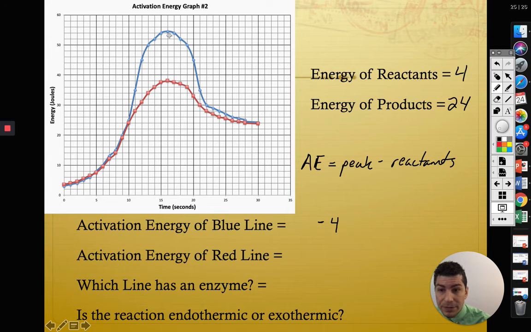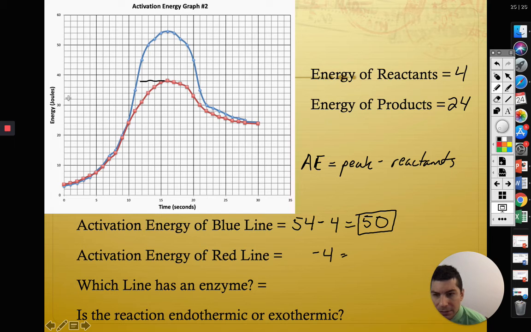Well, it's up over 50, really close to 55, maybe not quite. I'm just going to say it's 54. So 54 minus 4 is going to be 50 for our blue line. For our red line, we're still going to have that same reactant number of 4. Let's look at where our red line gets up to. It's about right here going across, so maybe like 38 for guesstimating.